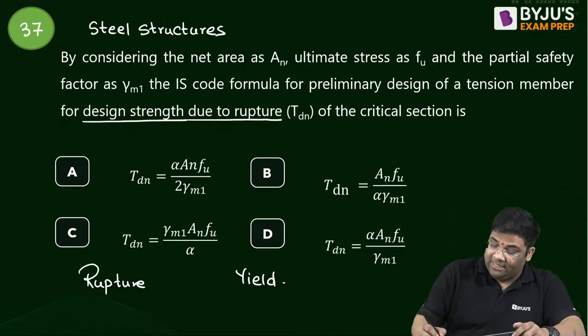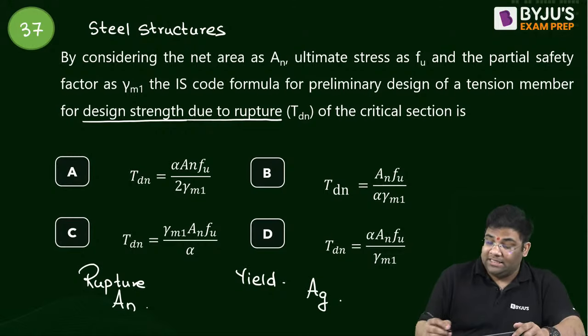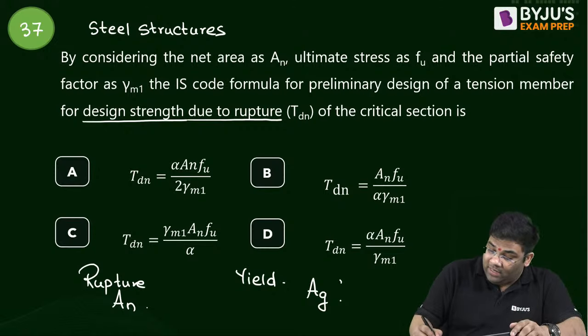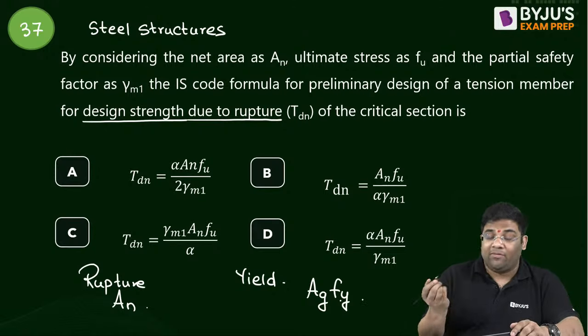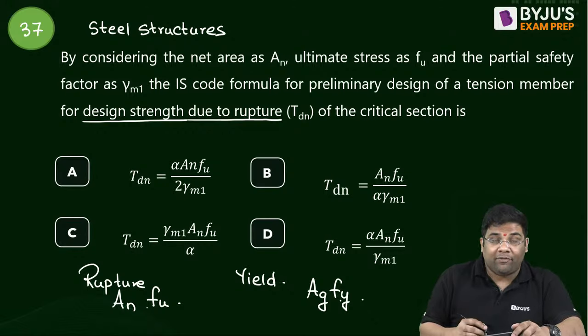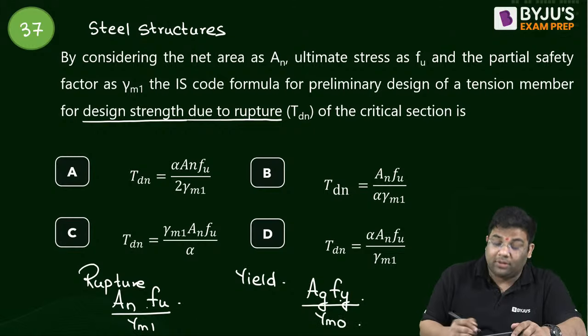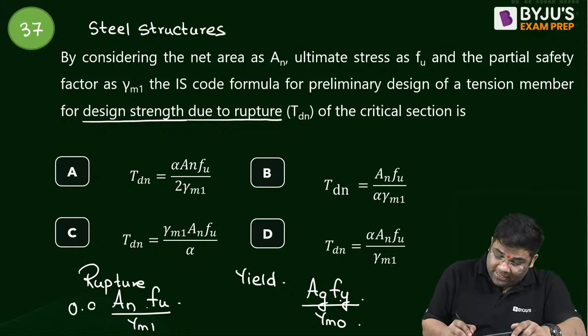Whenever there is yielding, we take the gross area, and whenever there is rupture, we take the net area. Whenever there is yielding, we take Fy, and whenever there is rupture, we take Fu. And whenever there is rupture, we take gamma m1, and yielding we take gamma m0. And here we use a factor of 0.9.